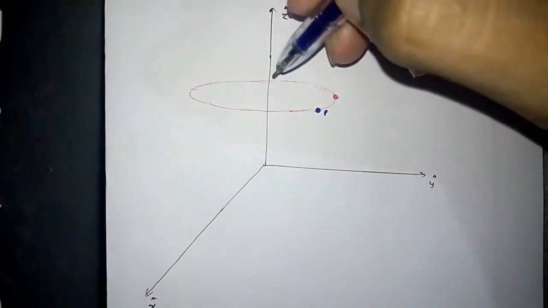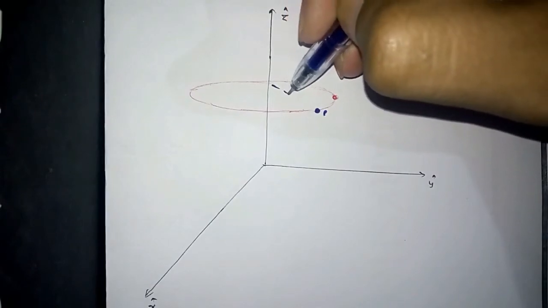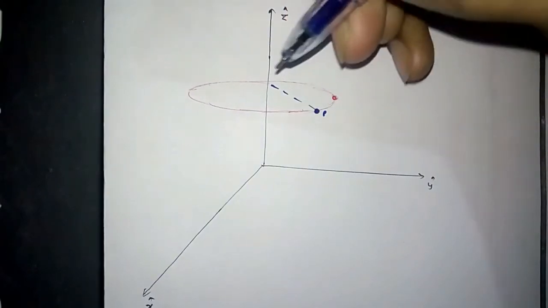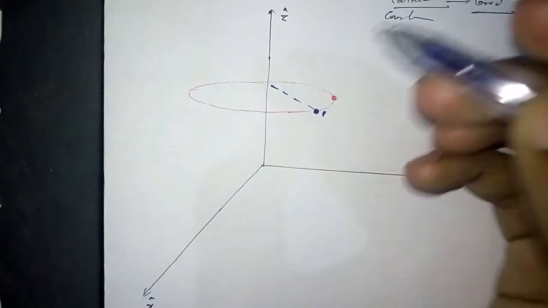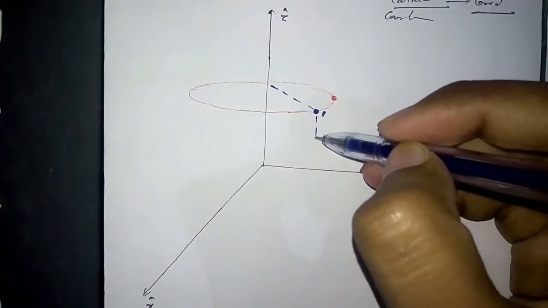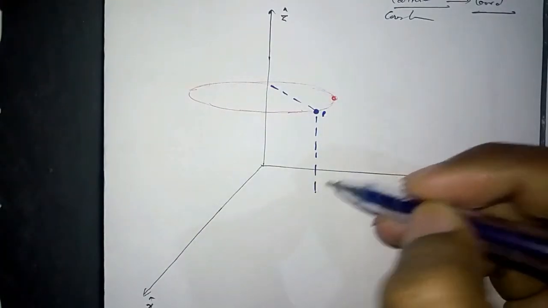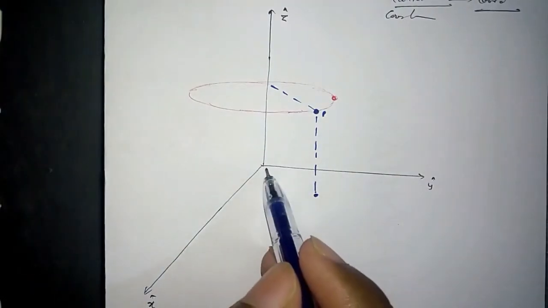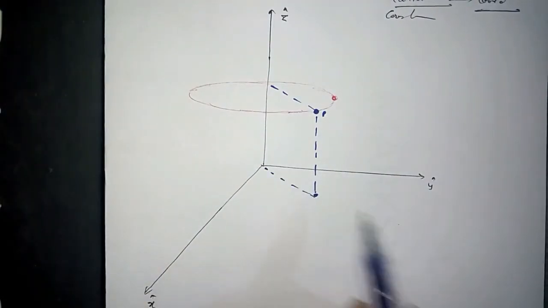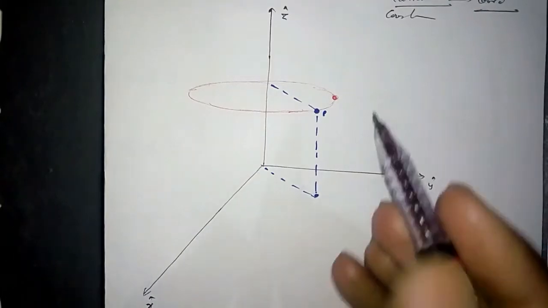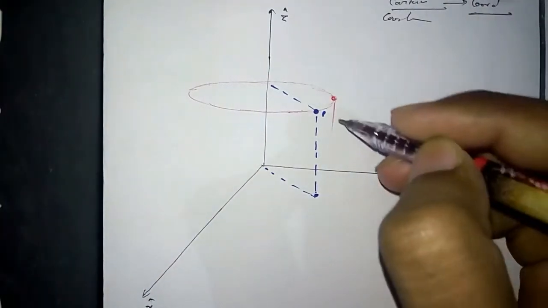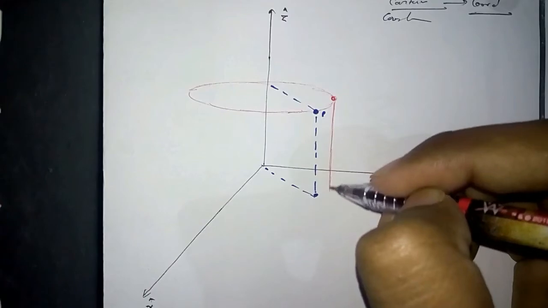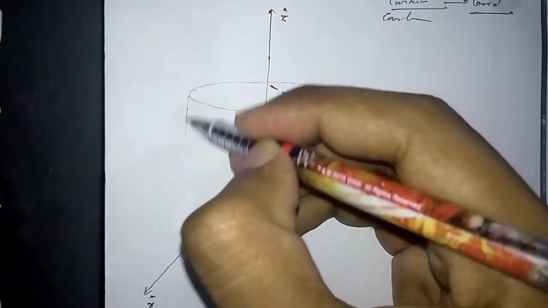So according to cylindrical coordinate, this is height z, which is the height of the cylinder. This is the point's projection on the xy plane. Okay, this is the side of the cylinder.